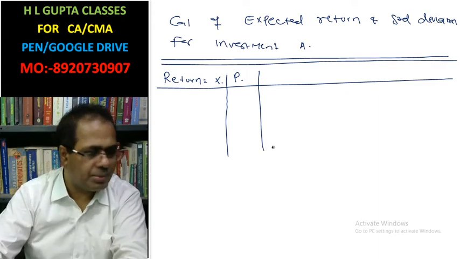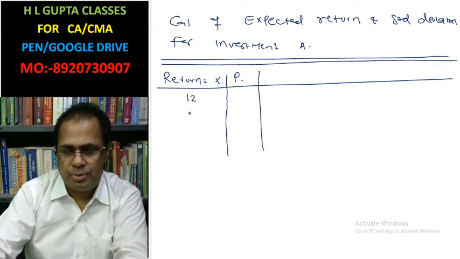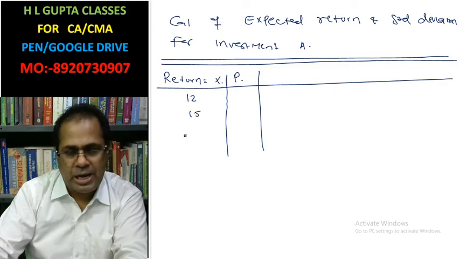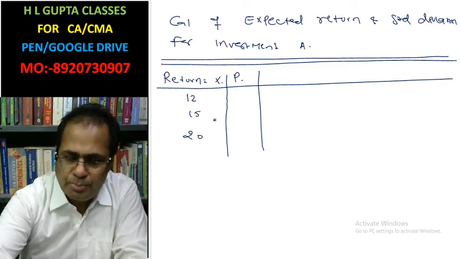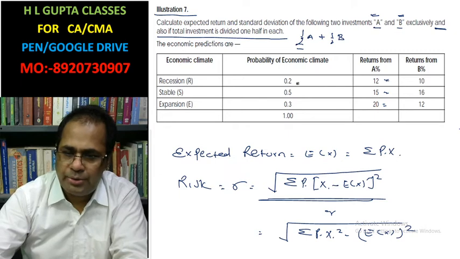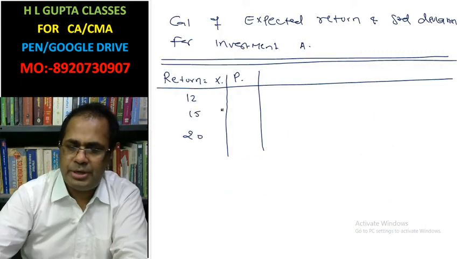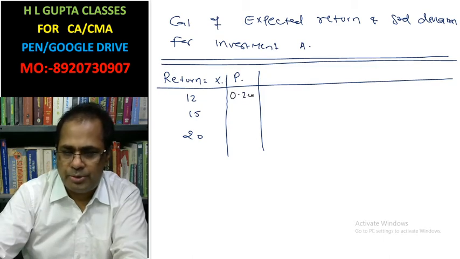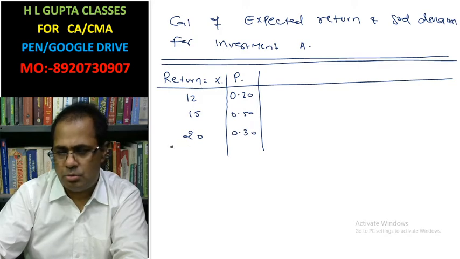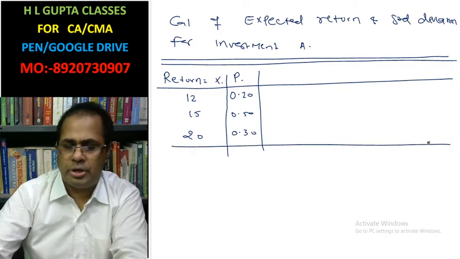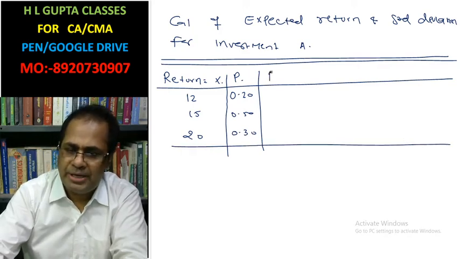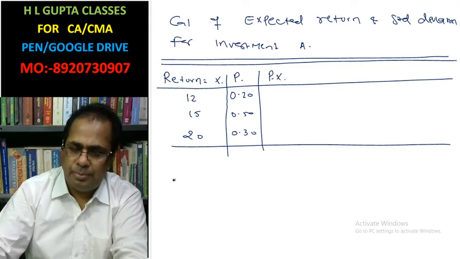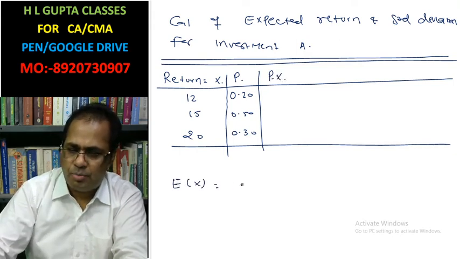Return is 12%, 15% and 20%. What is the probability? Probability 0.2, 0.5, 0.3. The sum of probability is always 1. Okay, you have to calculate PiXi, because the formula of expected return is PiXi.